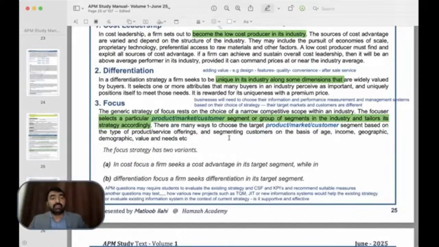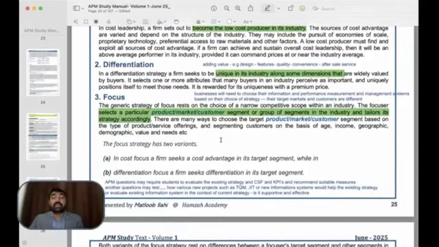There are many ways to choose the target product, market, or customer segment, based on the type of product or service offerings, and segmenting customers on the basis of age, income, geographic, demographic, value, and needs as well. So these are the different ways where a business can scan the market and choose one group of customers.